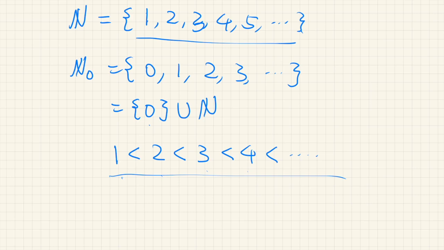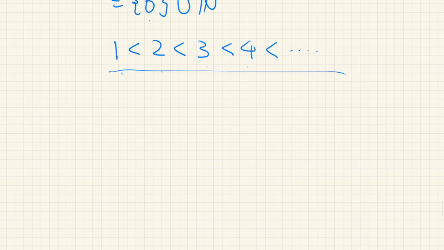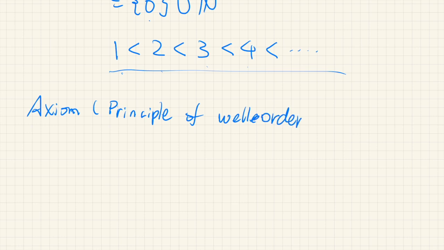So we summarize this fact as the following axiom, which is called the principle of well-ordering. Well-ordering in the set of natural numbers.